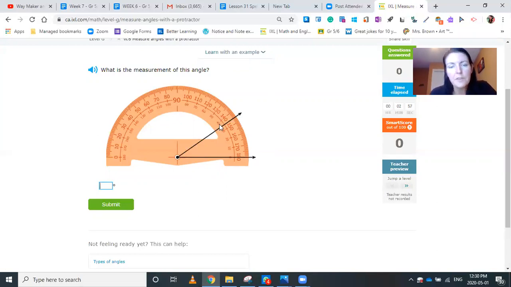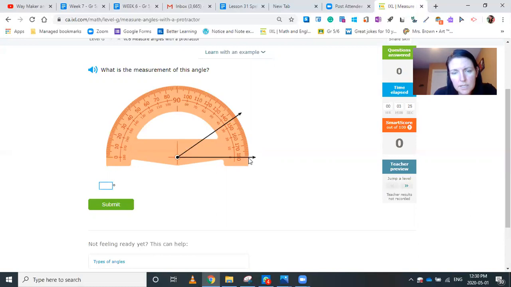So if you look carefully, you will see that the 0 is the inside number, not the outside. You can't start at 180. You have to start at 0. So we need to ignore the outside numbers and only look at the inside numbers. So we're going to go up here to 10, to 20, to 30, and you will see, like on a ruler, let's look at these little lines around the outside.